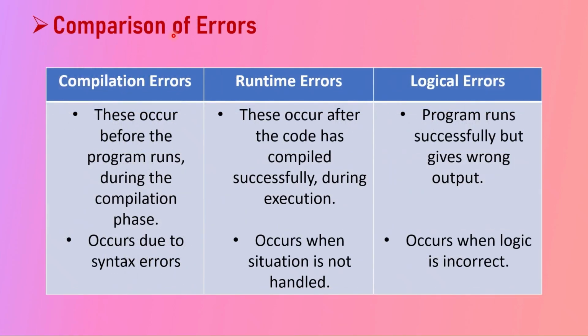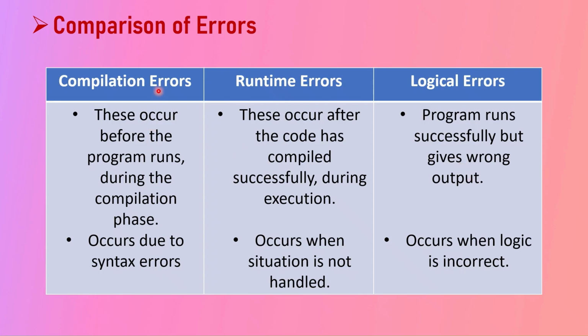Now, if you see the comparison of errors, here I have compared 3 errors. Compilation errors usually occur before the program runs, that is, during the compilation phase. Runtime errors usually occur after the code has been compiled successfully, that is, during execution. And logical errors occur when the program runs successfully, but finally gives the wrong output.